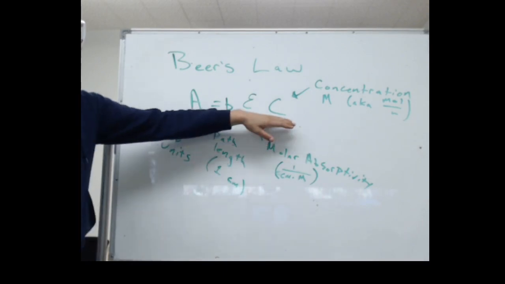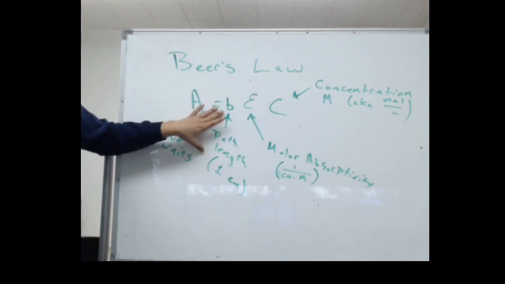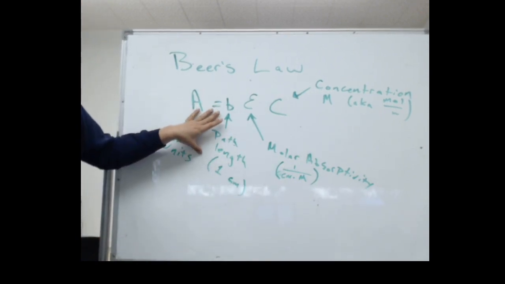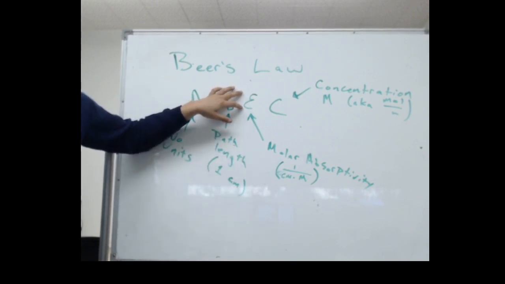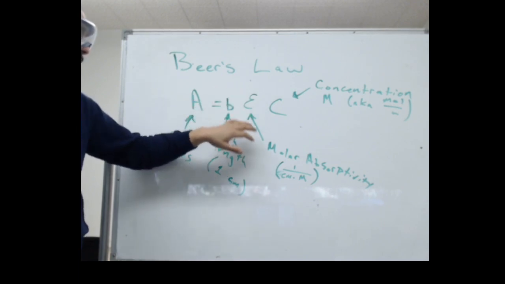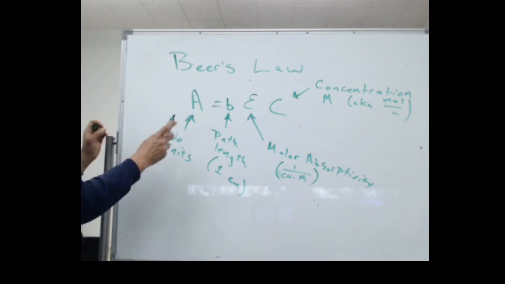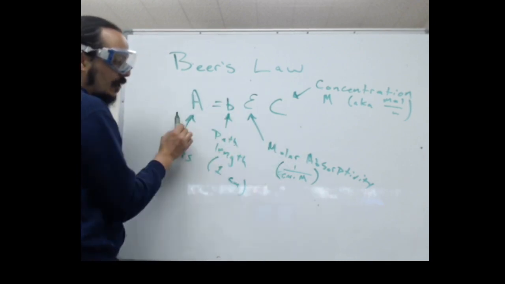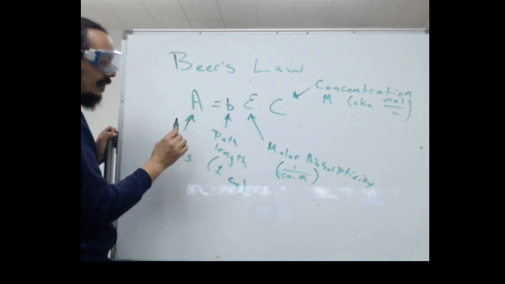Now the concentration is going to be set by how we're preparing our solution. The path length is going to be set by how we are setting up our experiment. And the epsilon, the molar absorptivity, is going to be set by the chemical compounds that we're looking at. And the absorption is going to be something we measure. If we know any 3 of these parameters, we can create a relationship and figure out the other.